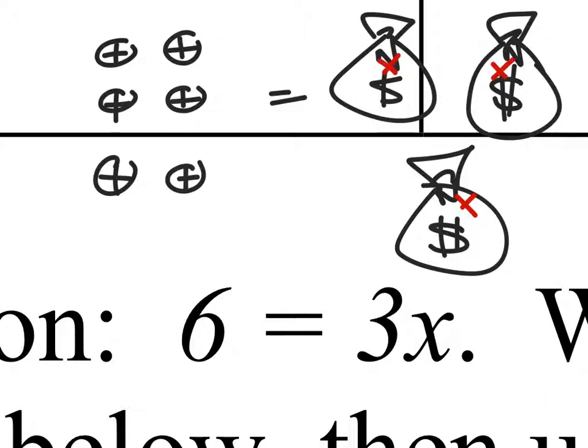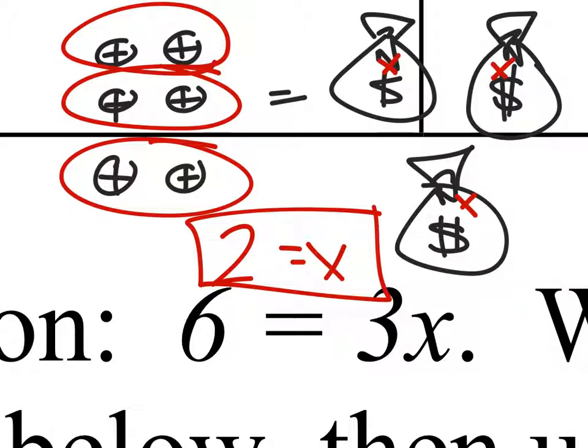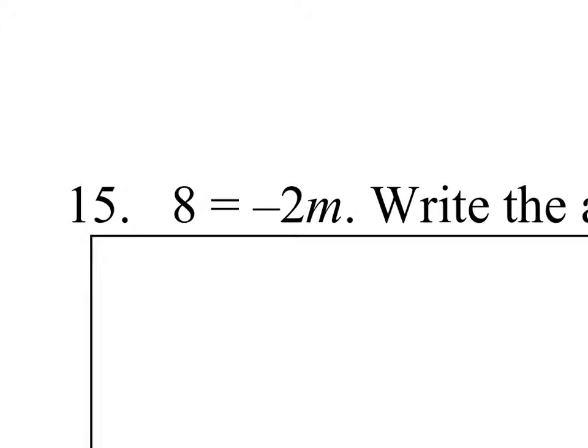Well, if this were the case, how many coins would be in each bag? 2, right? We could show that that would be in one of the bags, that's in another bag, and in another bag. And behold, we have 2 coins in each bag. Nailed it.